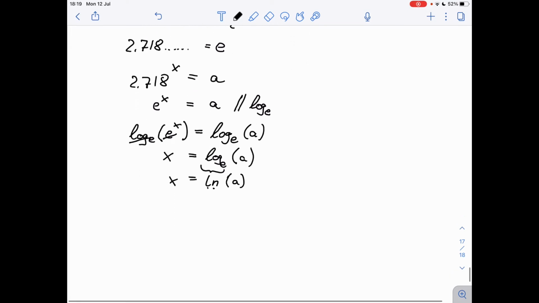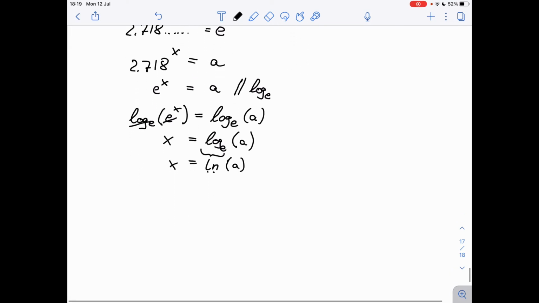And there is even a key on the calculator. So let's say we have e to the power of x equals, let's say, 10.